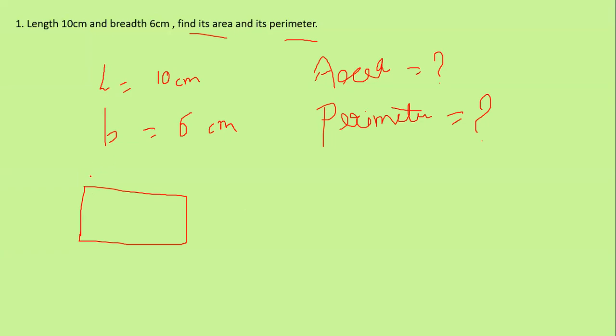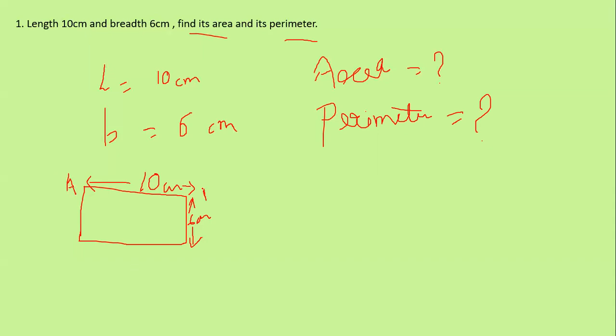It is telling that length is equal to 10 centimeter, and breadth is equal to 6 centimeter. We also know that the opposite sides of a rectangle are equal.